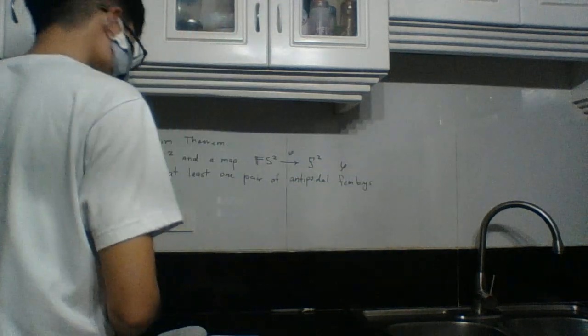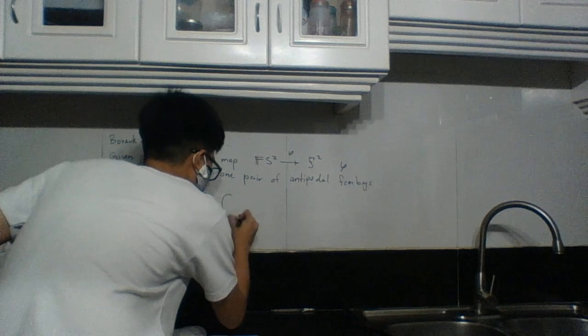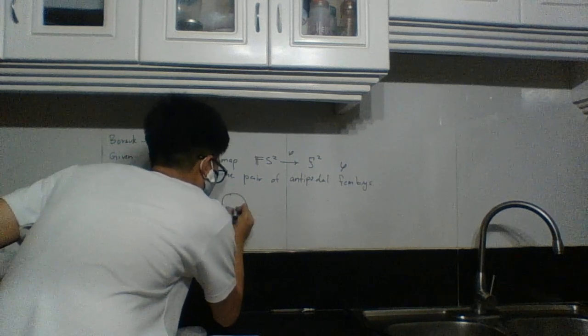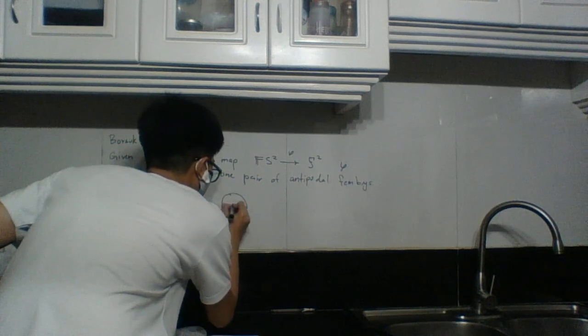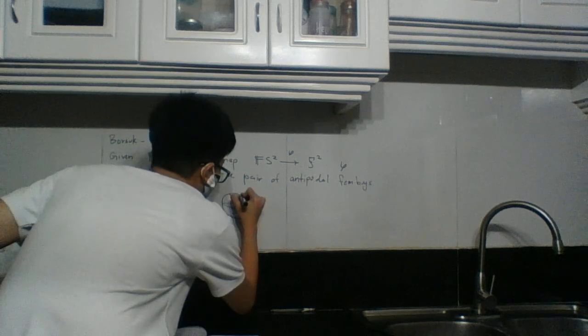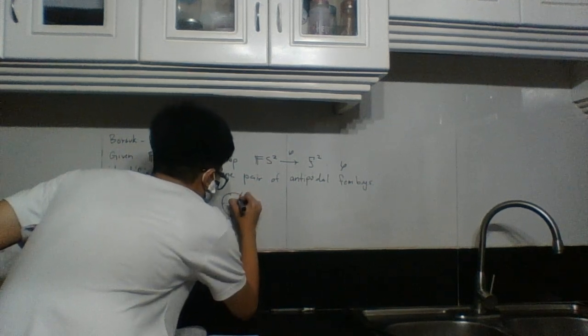So, to give a picture here, this is Fs2. And then we have 2 antipodal points, or antipodal femboys.